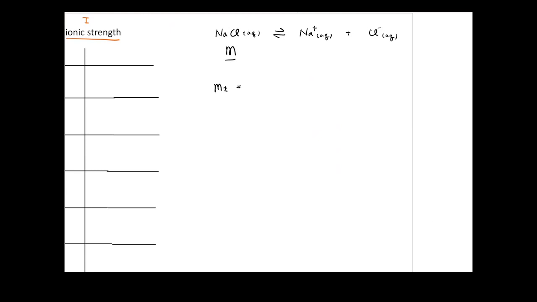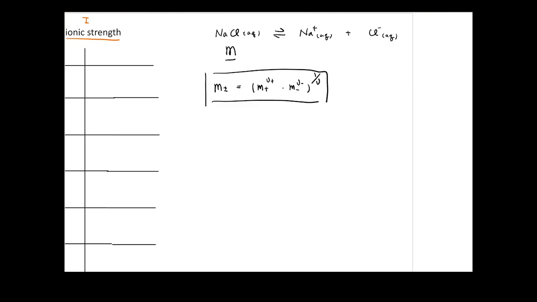m± is equal to the concentration of your cation raised to the cation's power, times the concentration of your anion raised to the anion's power. But you need to take the ν root so you can get the mean ionic molality.